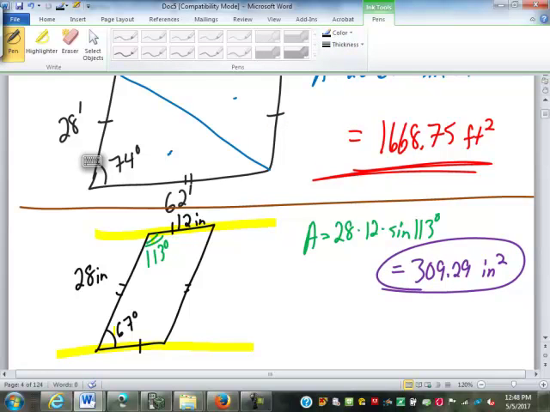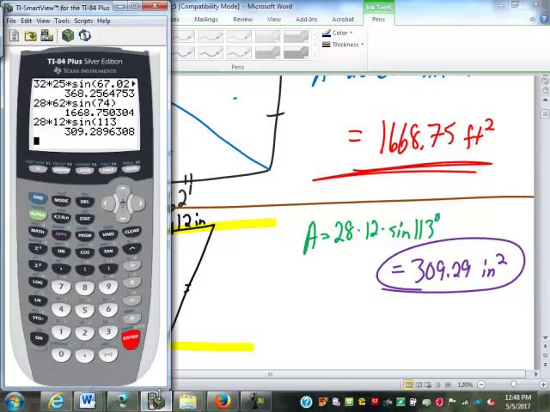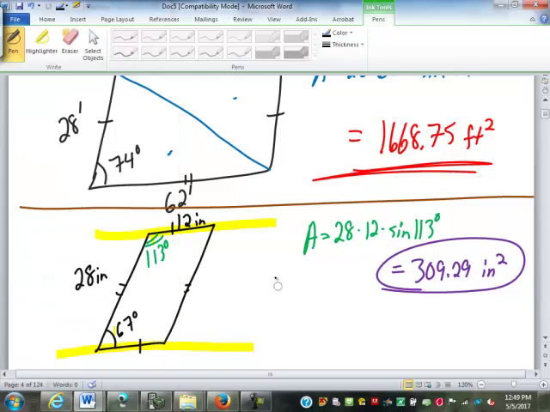How would it have changed your answer if you'd screwed up and used the 67? Why does it come out to the same number? Because the 12 is also on the bottom. Well, also these are supplements, right? Supplements have the same sine.